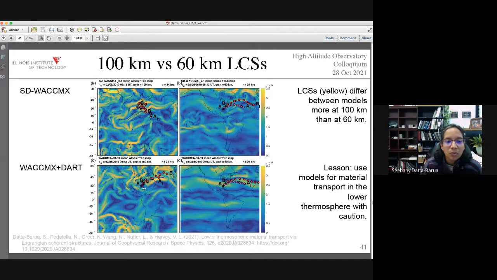And you can see this in the tracer movement as well. For both of these, the tracer movement is relatively consistent for 60 kilometers, but not so much at that higher altitude. So I think this is sort of a lesson we've learned here, which is that if we're going to be using models for really looking at material transport in the lower thermosphere, we need to be cautious about that.